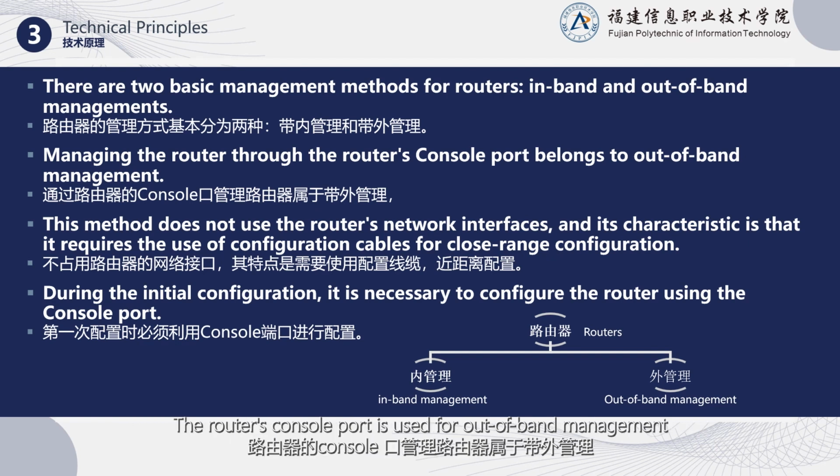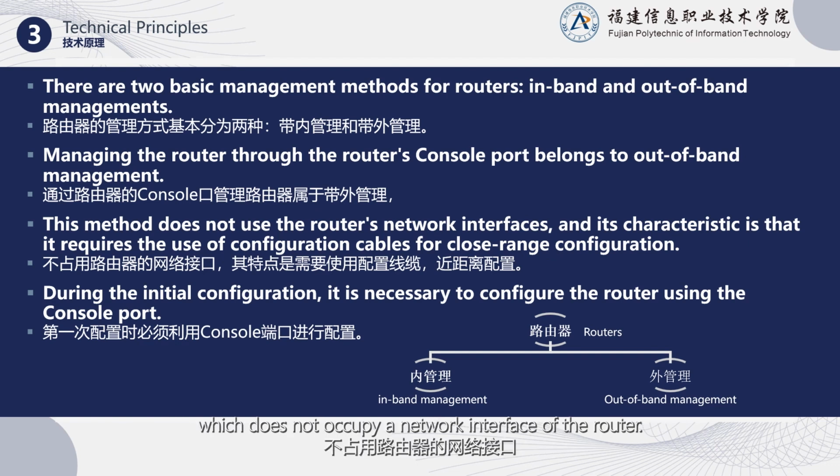The router's console port is used for out-of-band management, which does not occupy a network interface of the router. Its characteristic is that it requires the use of a configuration cable for configuring the router in close proximity. During the initial configuration, you must use the console port for configuration.